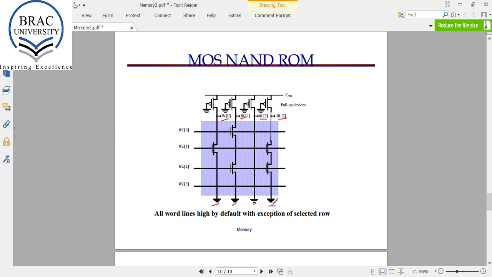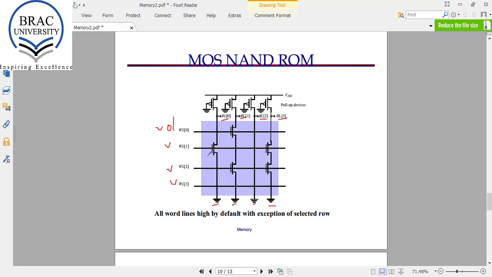So what happens here? The word line voltages are kept at 5 volt or logic 1 at all times. When we want to read data from one of these lines, we make the voltage 0. For example, when I make the voltage 0 here, what will happen?